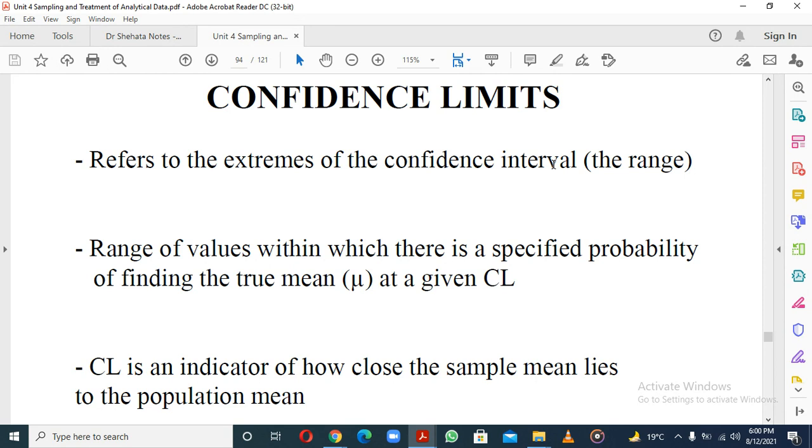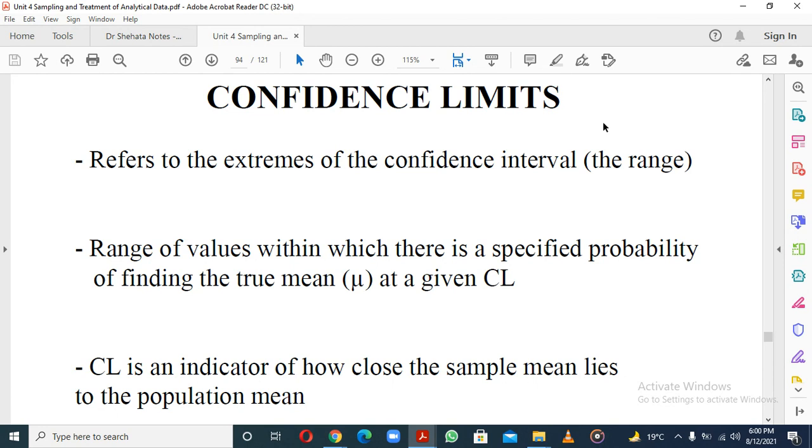Okay, so the confidence limits simply refer to the extremes of the confidence interval. So if we say that the chances of getting COVID without a mask are maybe 89 to 90%, right?